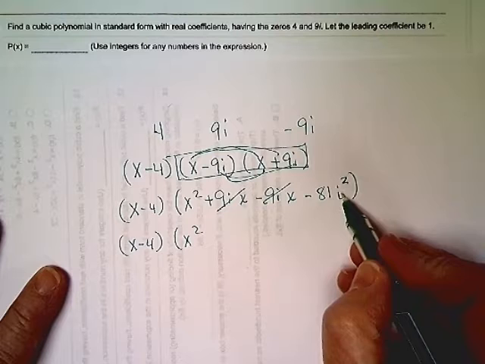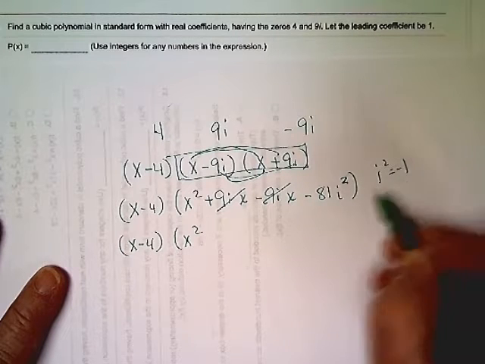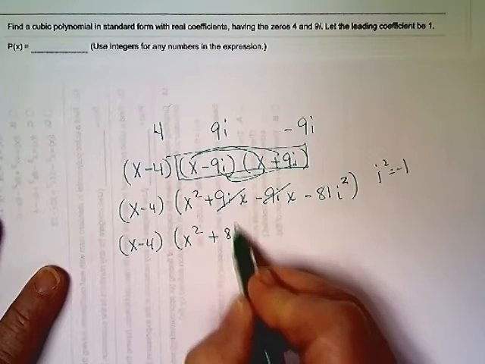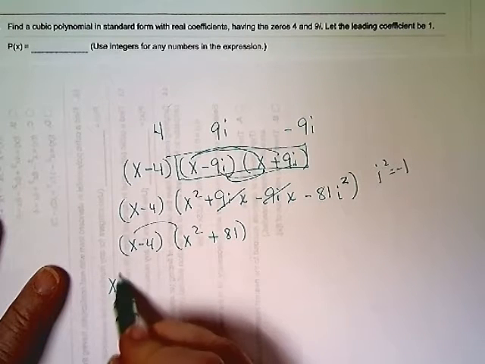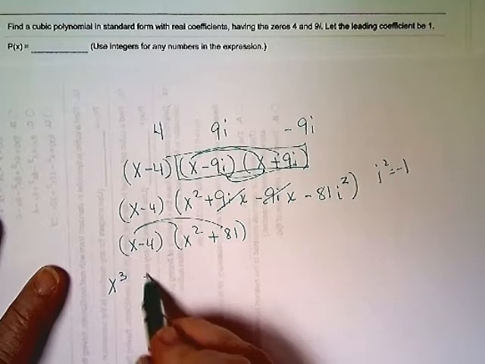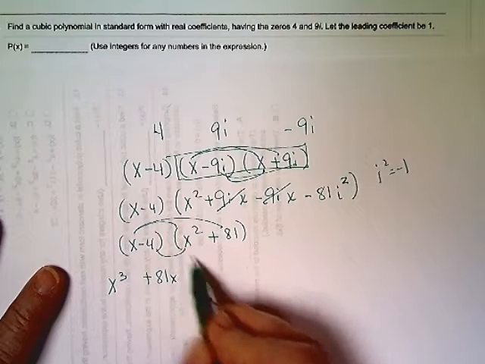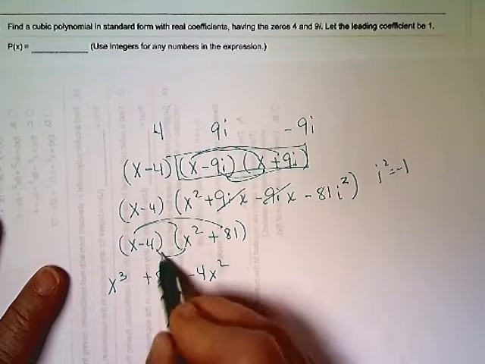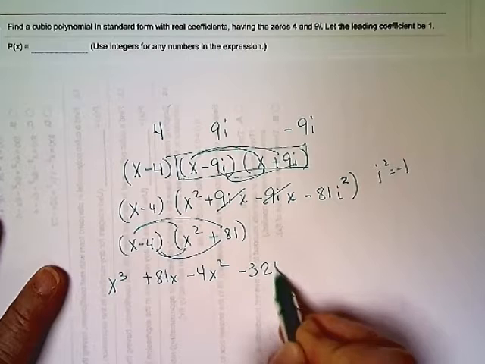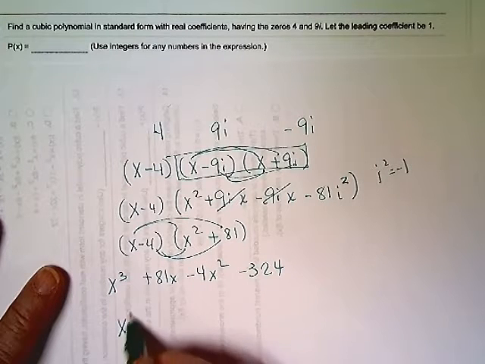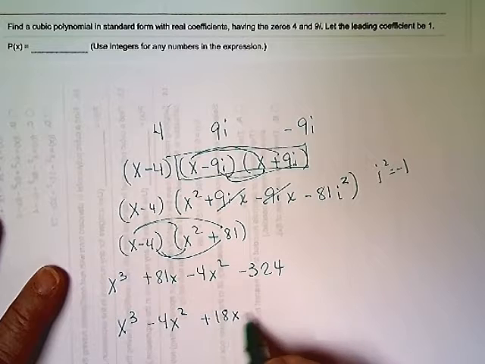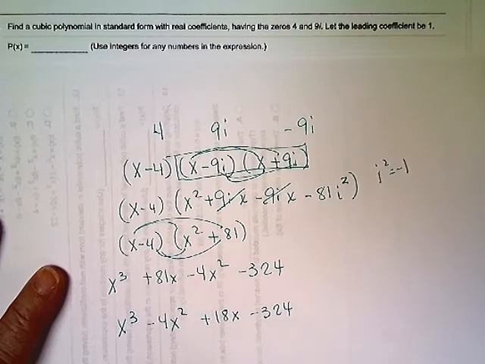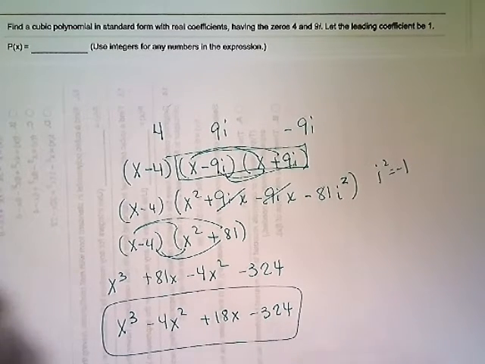And remember, i squared is negative 1, so that's really plus 81. We'll FOIL again. X cubed plus 81x minus 4x squared minus 324. I'm going to put it in the right order. X cubed minus 4x squared plus 81x minus 324. And that's our answer for 12.